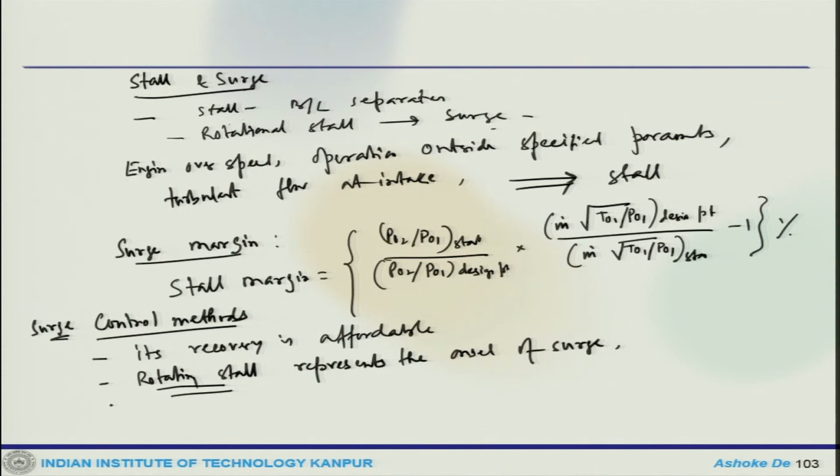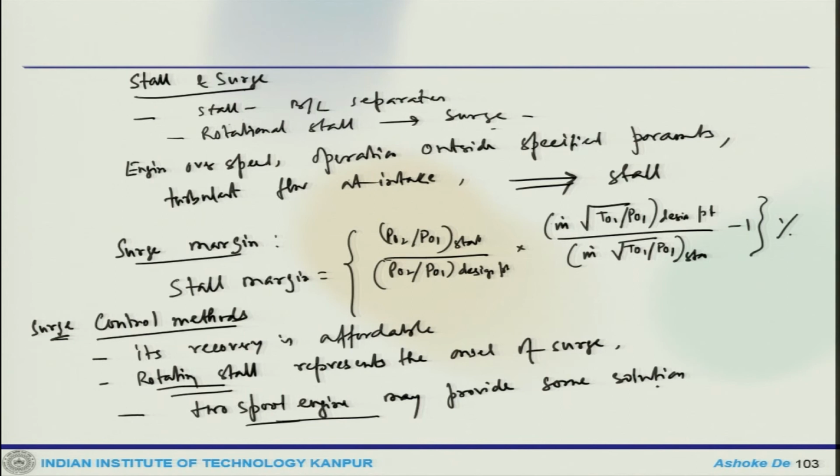They said that a multi-spool, or 2-spool engine, may provide some solution, like instead of having a single spool engine, if a two spool engine is there. So, these are design choices that can avoid or reduce the possibility of having surge, since each spool and consequently the compressor rotates at a different speed.